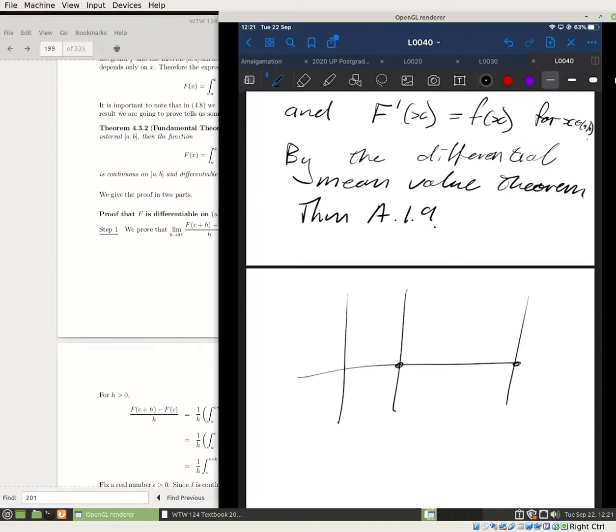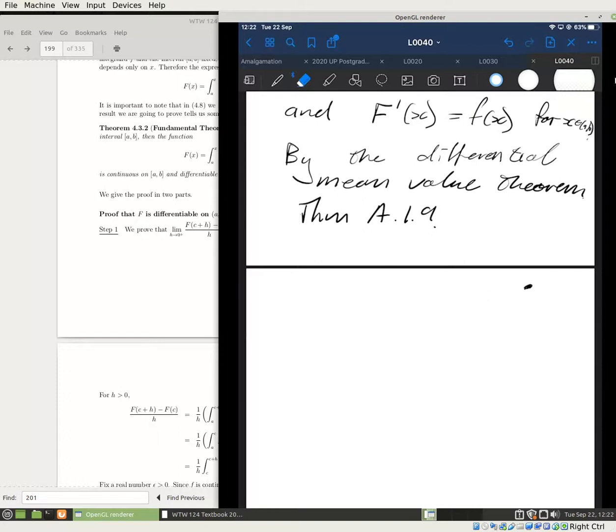If you've got a function that is differentiable, and you look at its graph, and you look at its endpoints, and you connect the endpoints of the graph and you look at the slope of this line connecting the endpoints, then there exists a point in the open interval which has exactly the same slope as this line over here. So that is what the differential mean value theorem says.